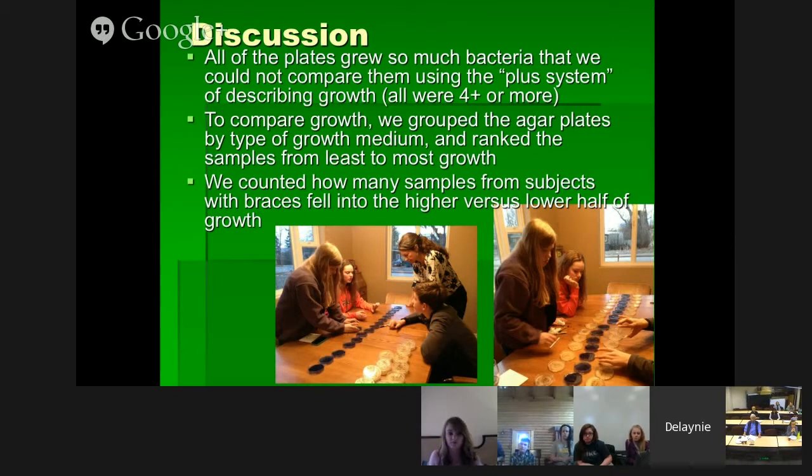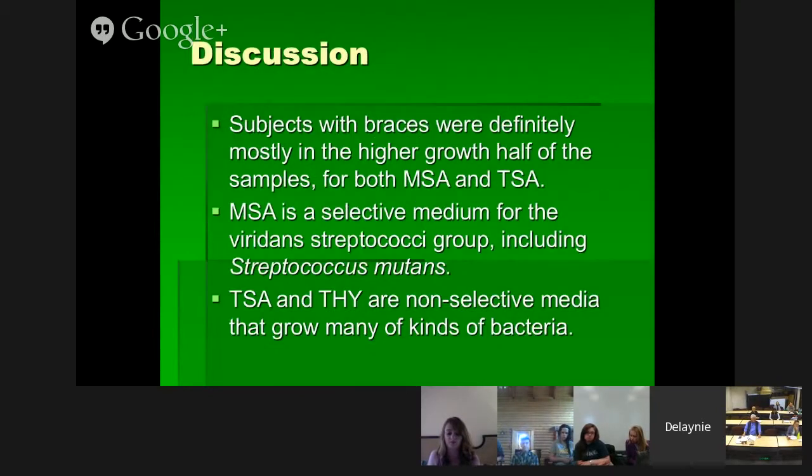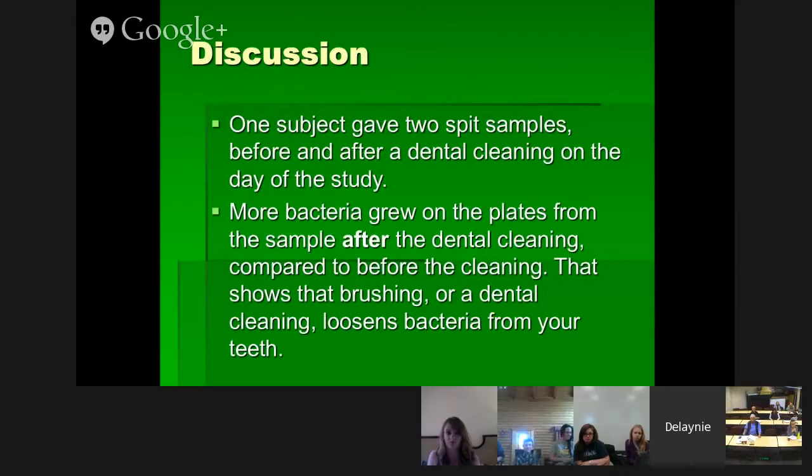We counted how many samples from subjects with braces fell into the higher versus lower half by splitting them in half. The subjects with braces were definitely mostly in the higher growth of the samples for both MSA and TSA. TSA and THY were much different.